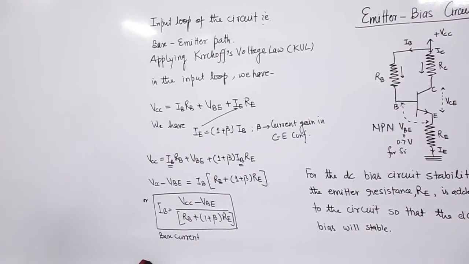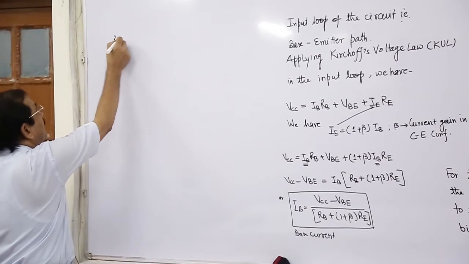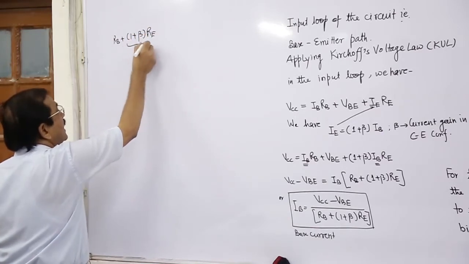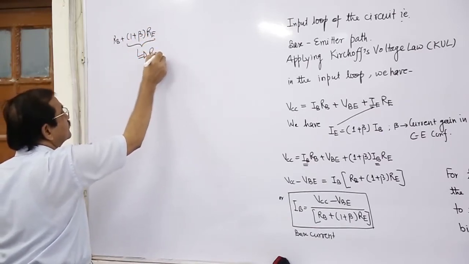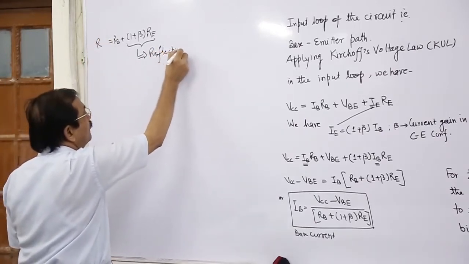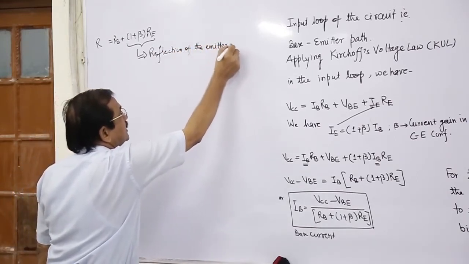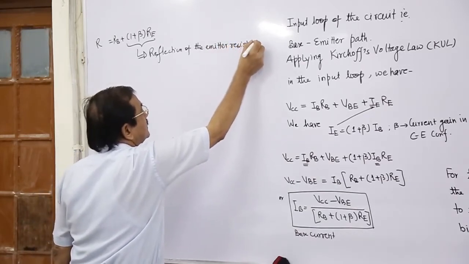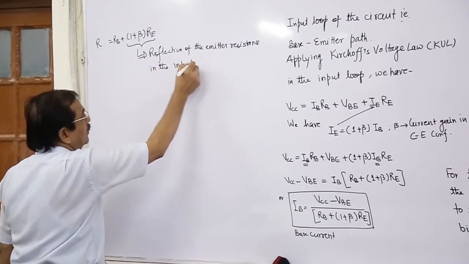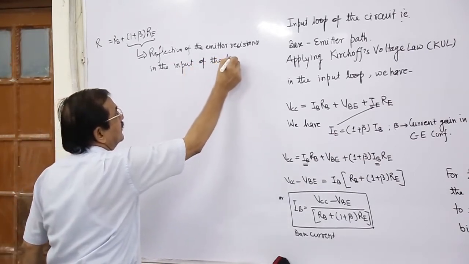This base current contains the term RB plus (1 plus beta) RE. This is a reflection of the emitter resistance in the input of the transistor circuit.